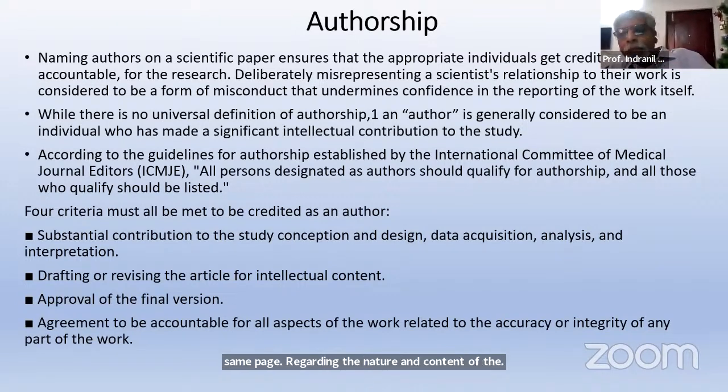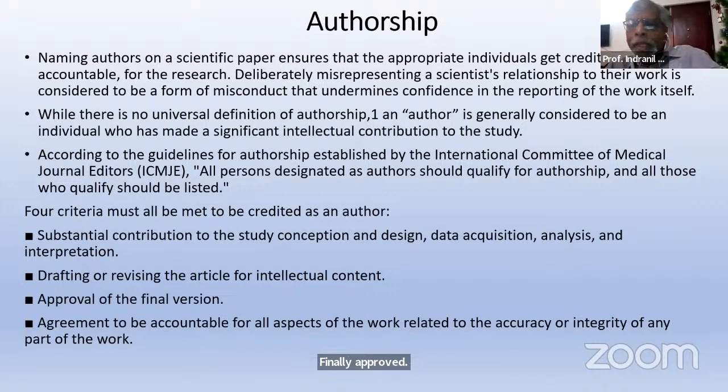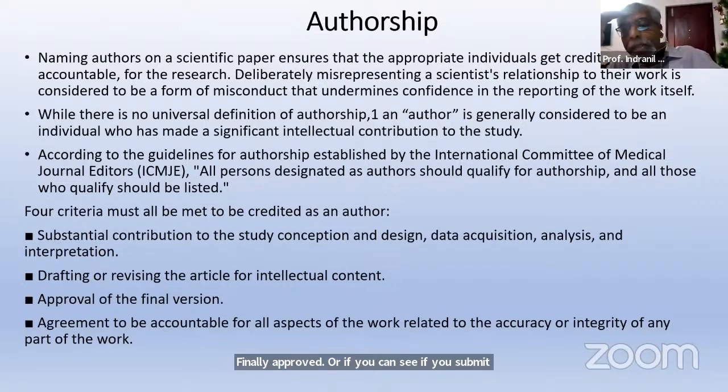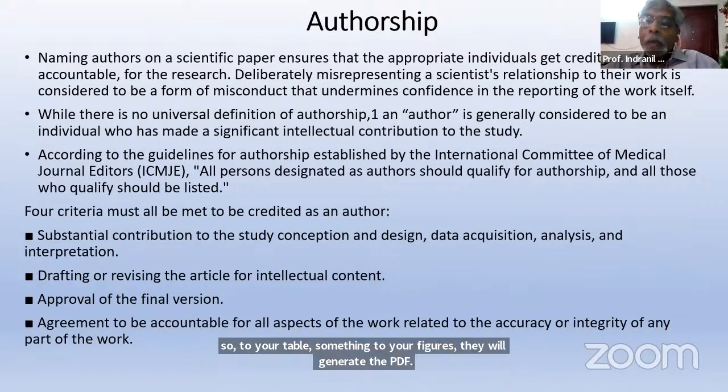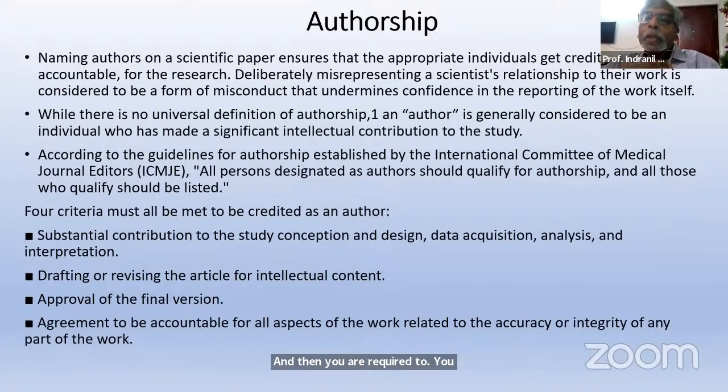And if you submit to, let's say, Elsevier or Wiley or whatever it is, you will see that after you submit your text, your tables, your figures, they will generate the PDF. And then you are required to review the PDF, and they will repeatedly ask you whether you are ready to accept it as your final version.